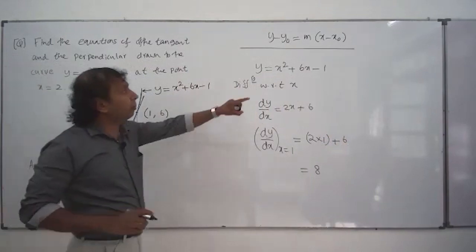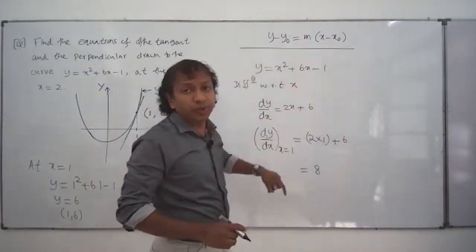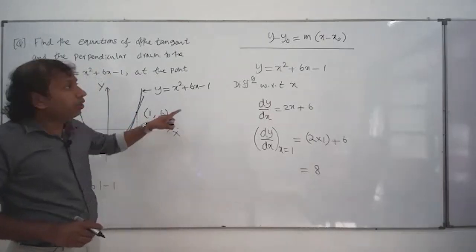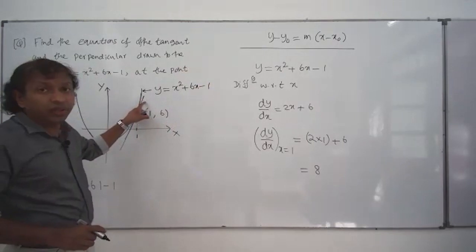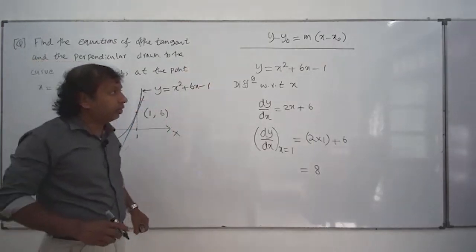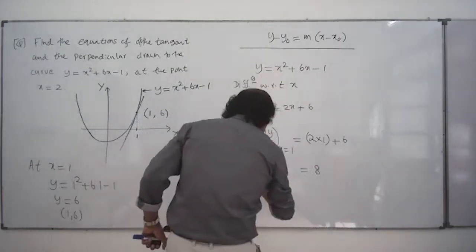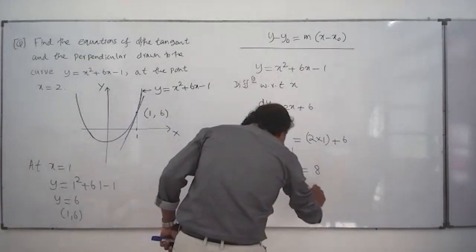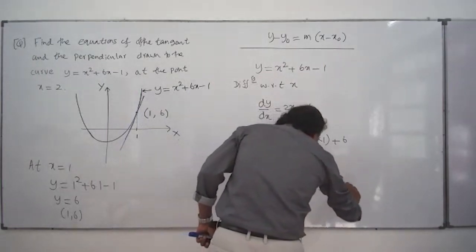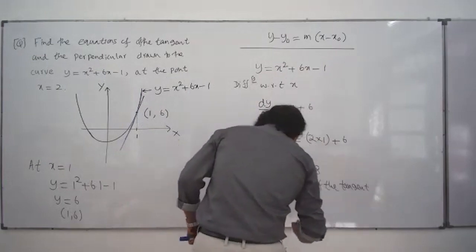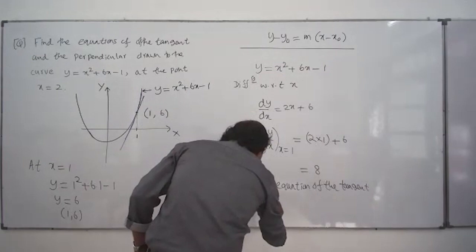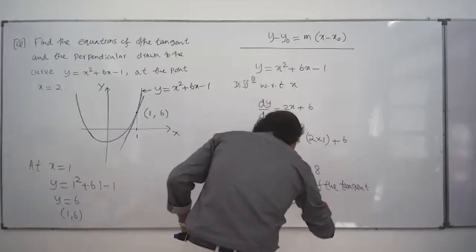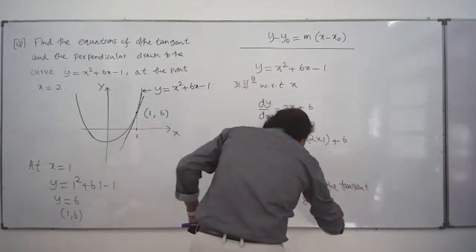Now we know the gradient m, and we know x naught, y naught, the point on the tangent line: 1, 6. 1 is x naught, 6 is y naught. Then you can use that equation and find the equation of this tangent. Therefore, the equation of the tangent: y minus y naught, where y naught is 6, equals gradient 8 times x minus x naught, where x naught is 1.